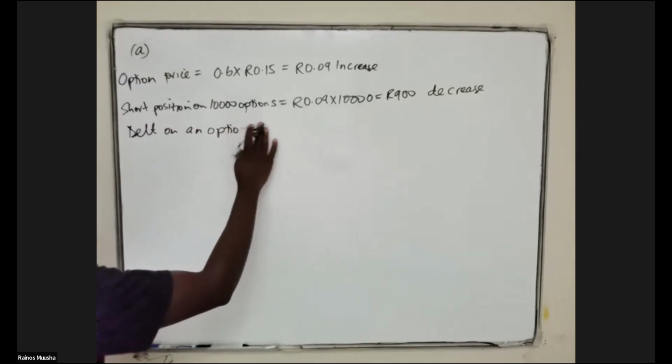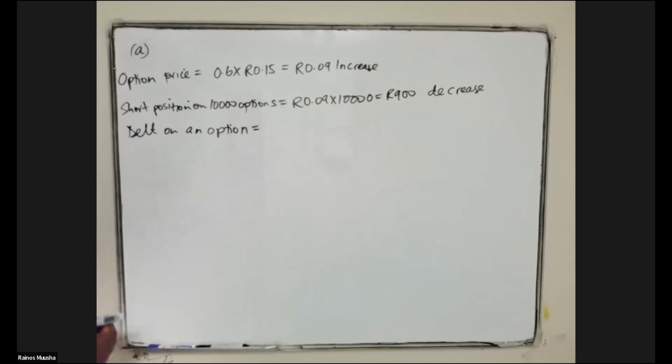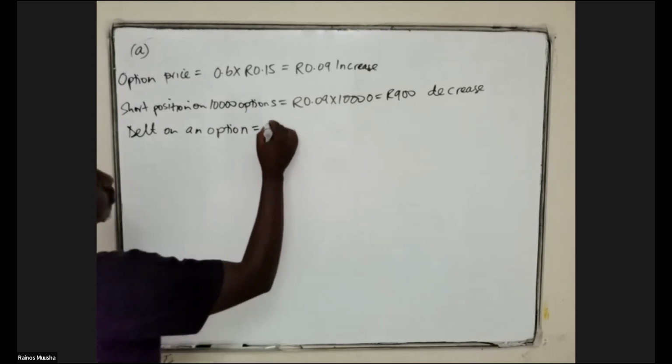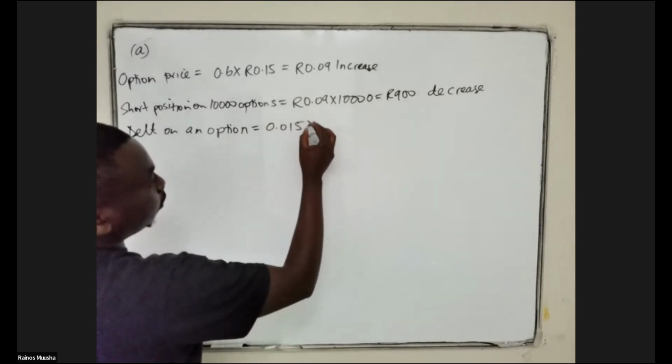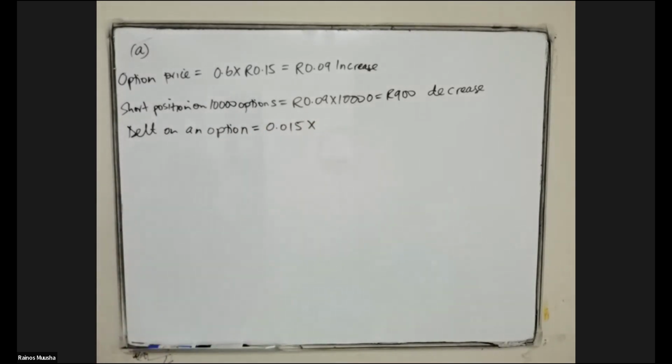Which means the effect on the delta on a single option is going to be equal to, we know that if you check on the question, the gamma is given as 0.015, multiplied by the change in the stock price, which is given as 0.15.